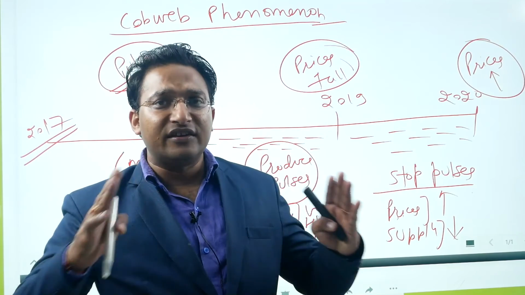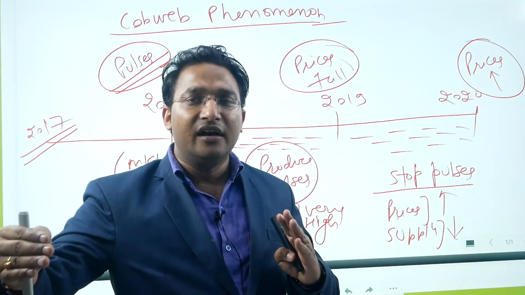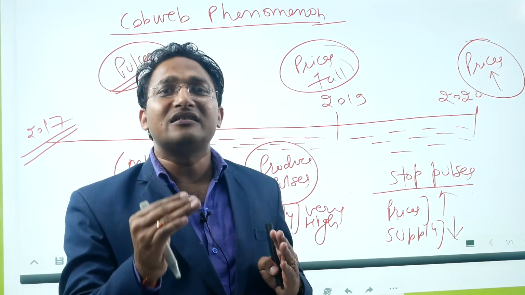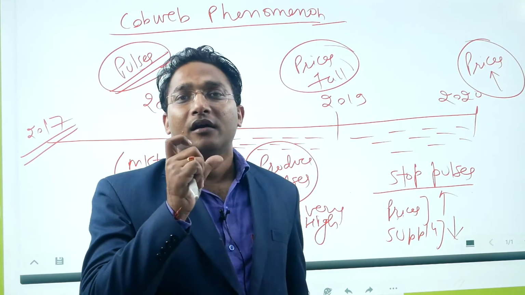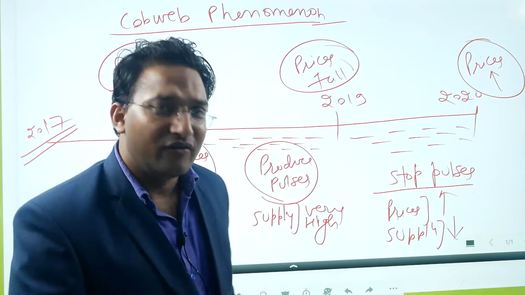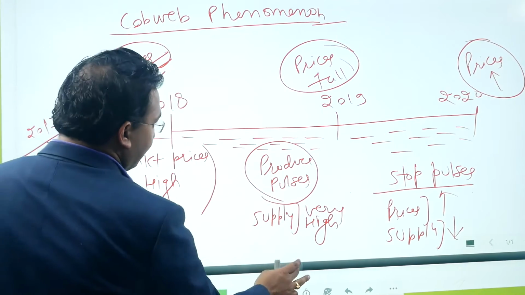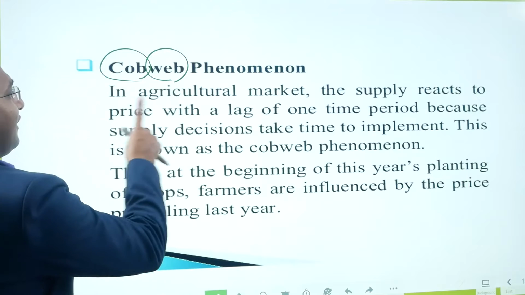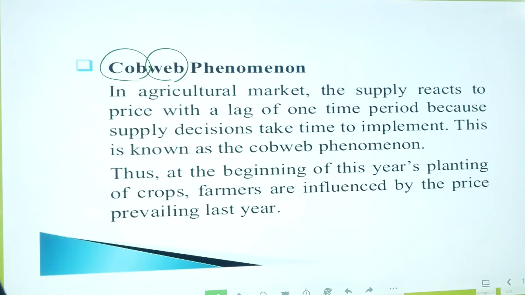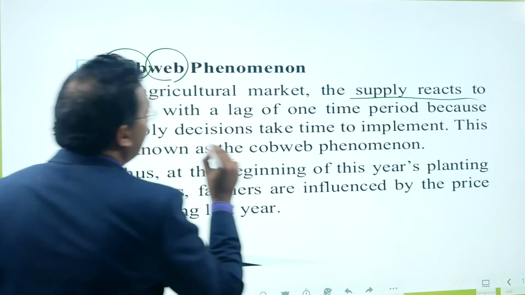If we talk about this year, in the last 1 year, the prices of pulses have been affected by this Cobweb phenomena. Now let us see. So in agricultural market, the supply reacts to the price, right? Why does the supply react?